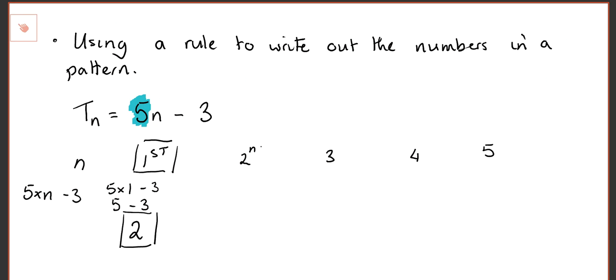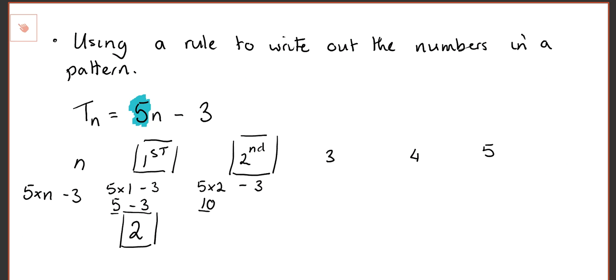The second term is, well, let's do it the long way. We do 2 lots of 5, then subtract 3, because the core of it is you always have to subtract 3 from whatever 5 you have. So we've got then 10. Do you notice how the 5 becomes a 10?